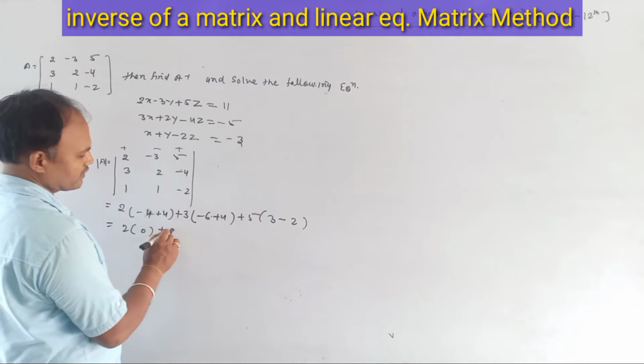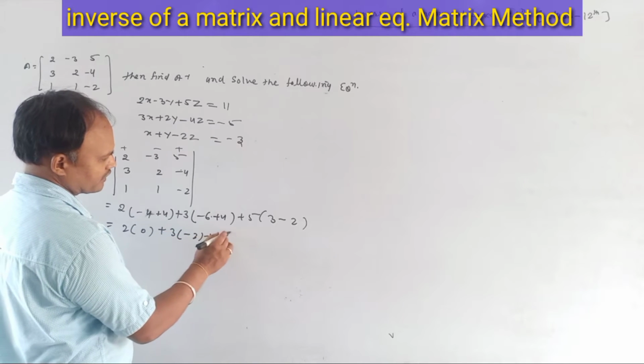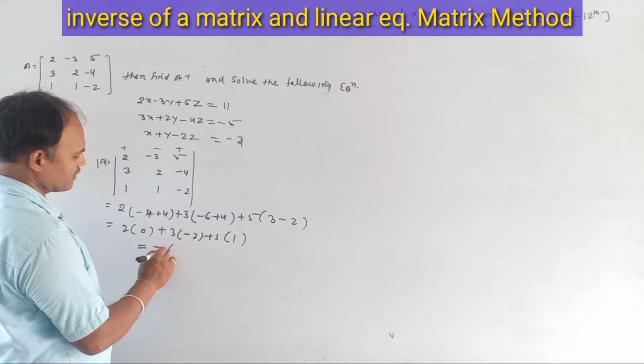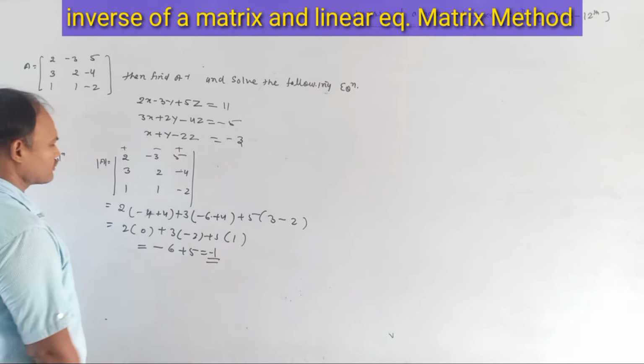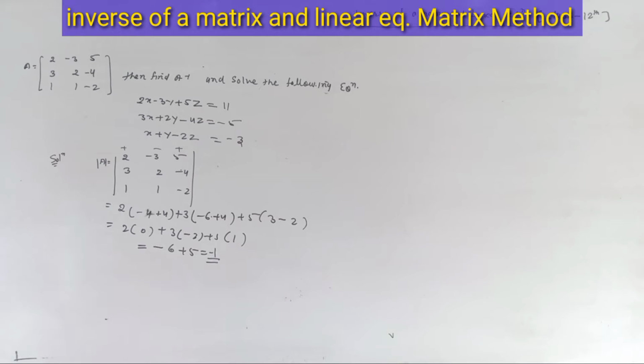So it is 0, then minus 6 plus 5, which is minus 1. So students, the determinant of A equals minus 1.